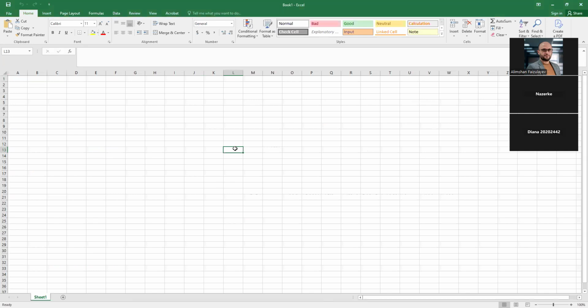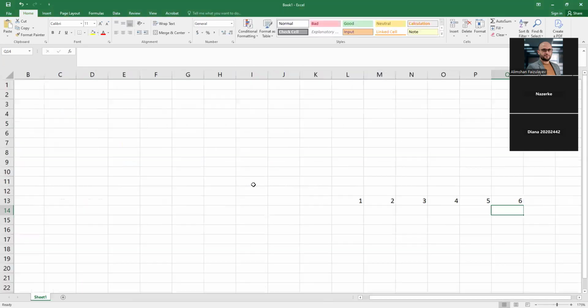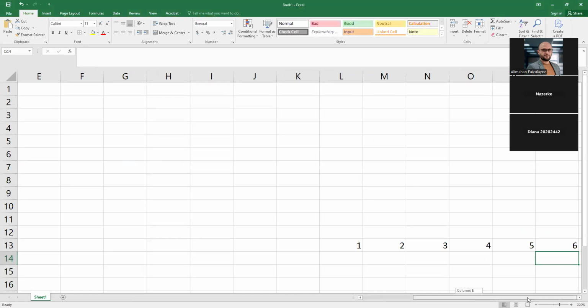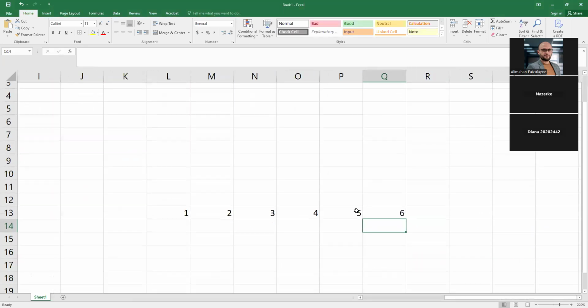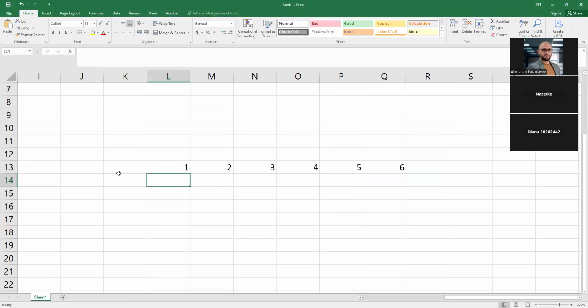Imagine you have 1, 2, 3, 4, 5, and 6 years, the life of the project. And in the beginning, let's say the price of the asset you purchase is, make it more, 120,000.